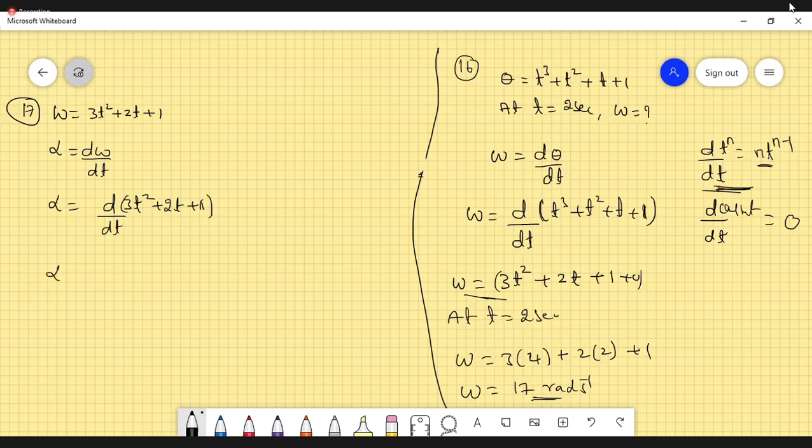So alpha equals 3 already it is there, then d by dt of t square can be written as 2t, plus 2 into t, d by dt of t will be 1, therefore 2 into 1 plus 0. So alpha equals 3 into 2t plus 2, radians per second square, at t equals 2 seconds they are asking.